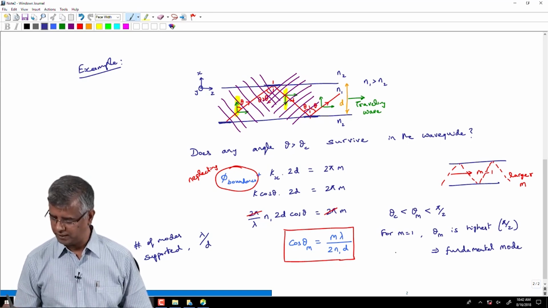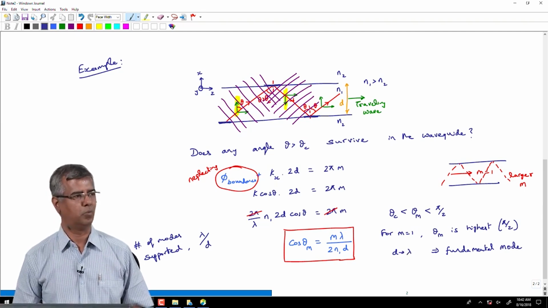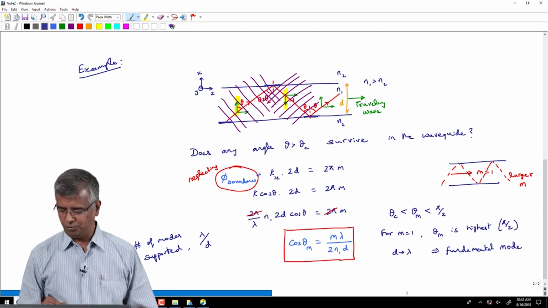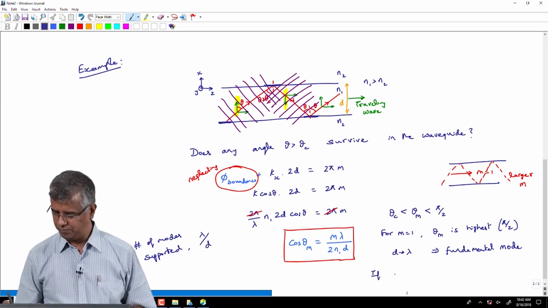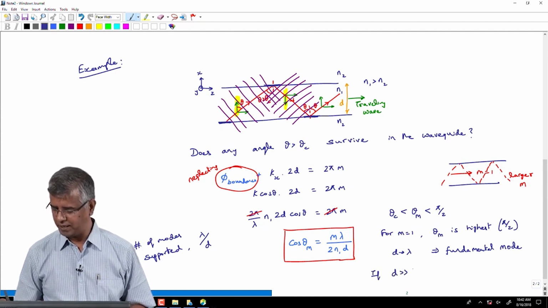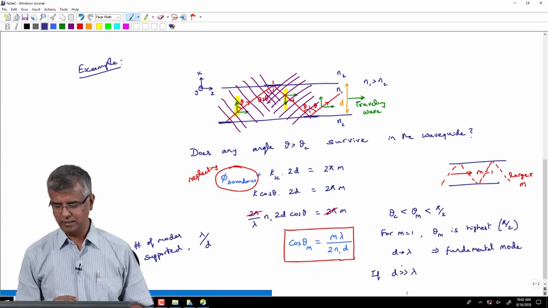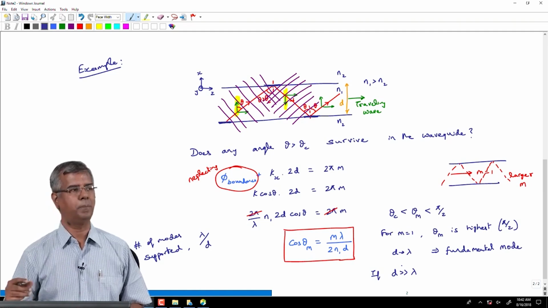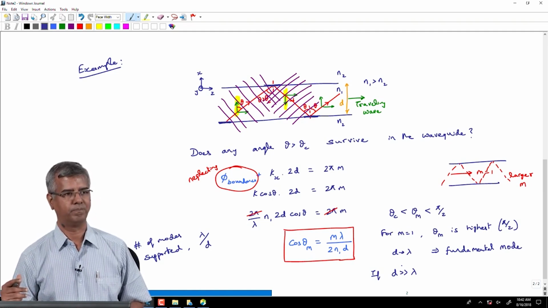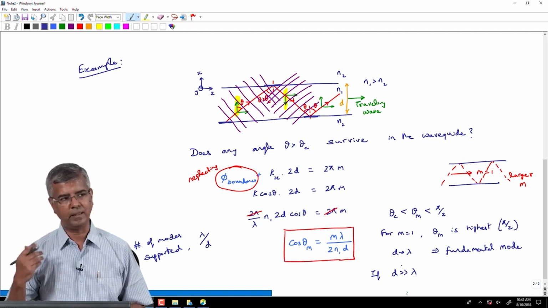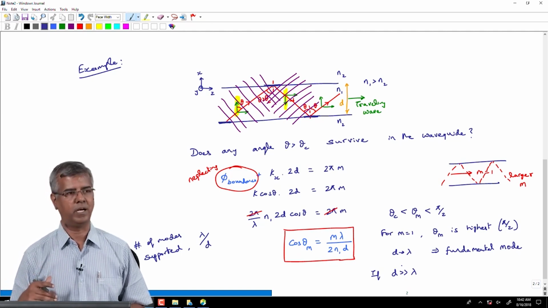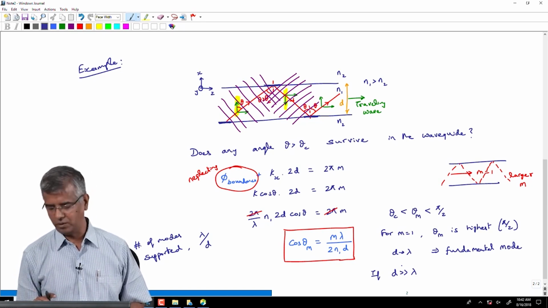So, as d approaches lambda, you will have only the fundamental mode. But if d is far greater than lambda, then that allows multiple values of m, right, and that would also allow multiple values of theta m to satisfy this expression, okay.